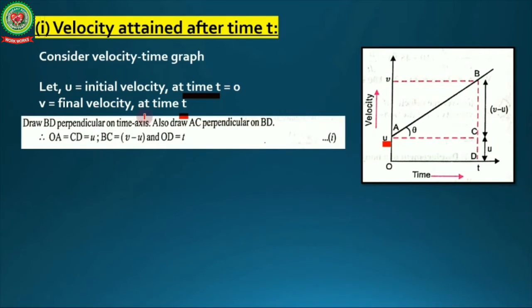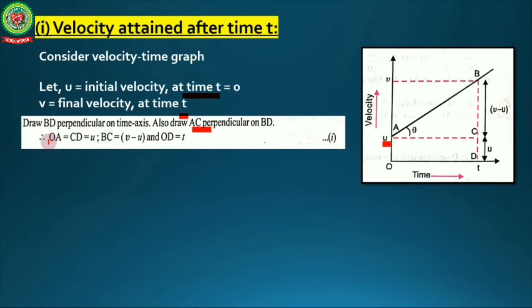We have to draw a perpendicular. From the final velocity, we will draw a perpendicular BD on the time axis. Also draw AC perpendicular on BD. Here we will also draw one more perpendicular, in dotted line, on this BD. So we are getting a triangle here at an angle theta.